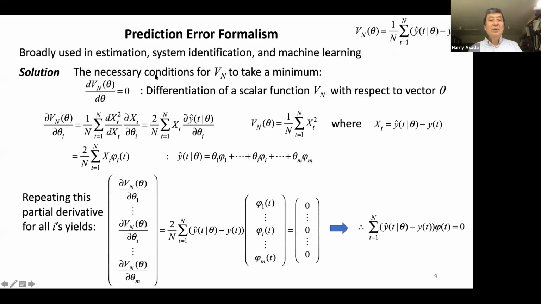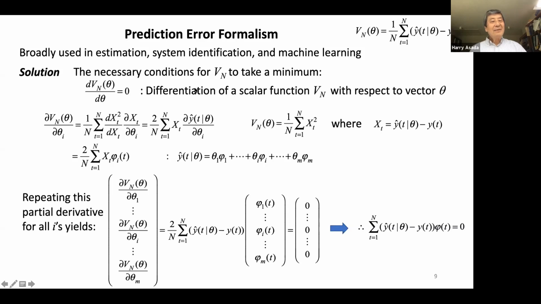So we take V_n, which is a scalar function, and take the derivatives with respect to theta and then set it to 0. This is the necessary condition for V_n to take a minimum value, right? Now, one critical point here is that we are taking the derivatives of a scalar function with respect to the vector variable theta.